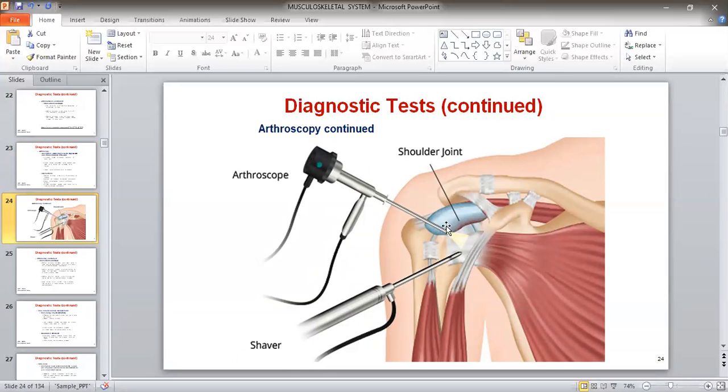So this is basically ultrasound guided, or a source of light, shoulder joint, arthroscope. Okay, so we can take the picture, and at the same time it is visible on the monitor.